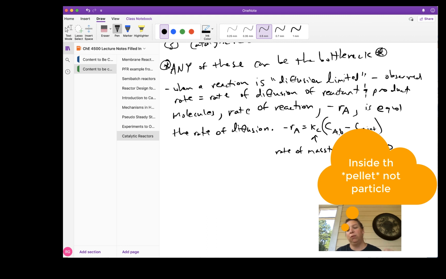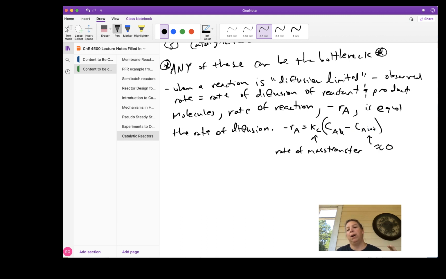So diffusion is being driven by the difference in concentration, a large concentration outside of the catalyst particle, outside of the boundary layer. So in the convective flow, either in the boundary layer or inside the particle, we have a low concentration because diffusion is limiting. Hence, the bottleneck step is the rate of diffusion of the molecules to a catalyst particle.